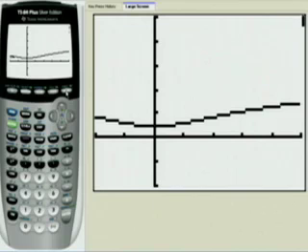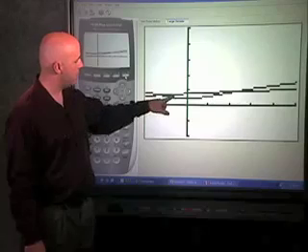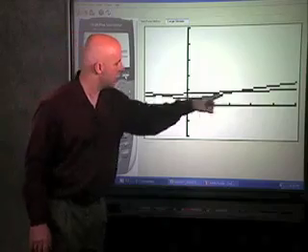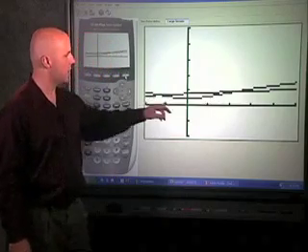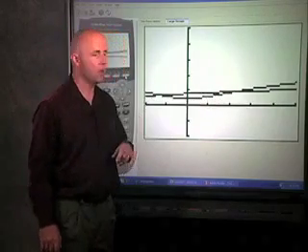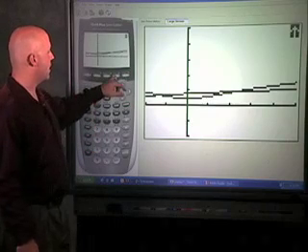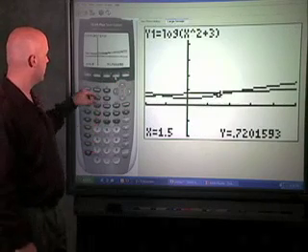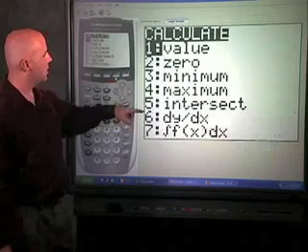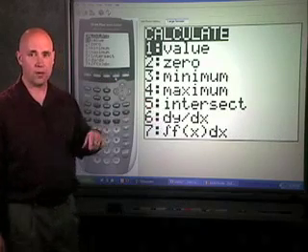We see our graph for y1, and here we see the graph of y2 coming through, and we see 2 points of intersection. We get one point over here on the negative side, another point over here on the positive side. We're going to find those 2 points of intersection. We go to our calc menu and pick option number 5 for intersect.